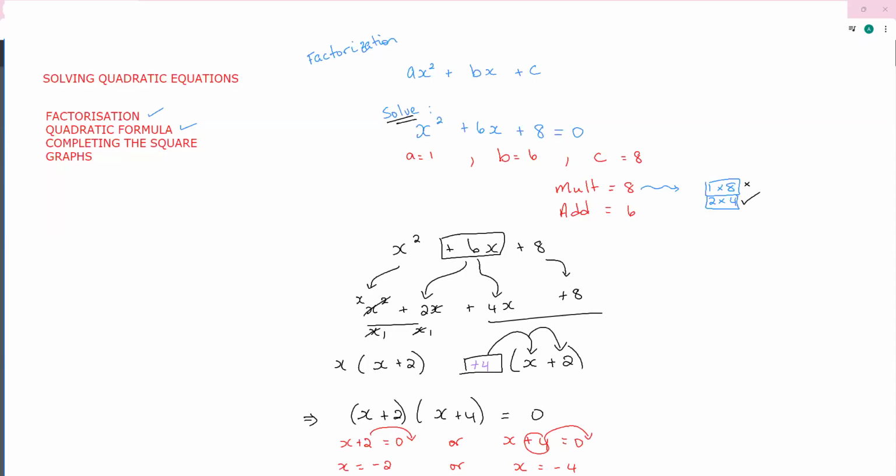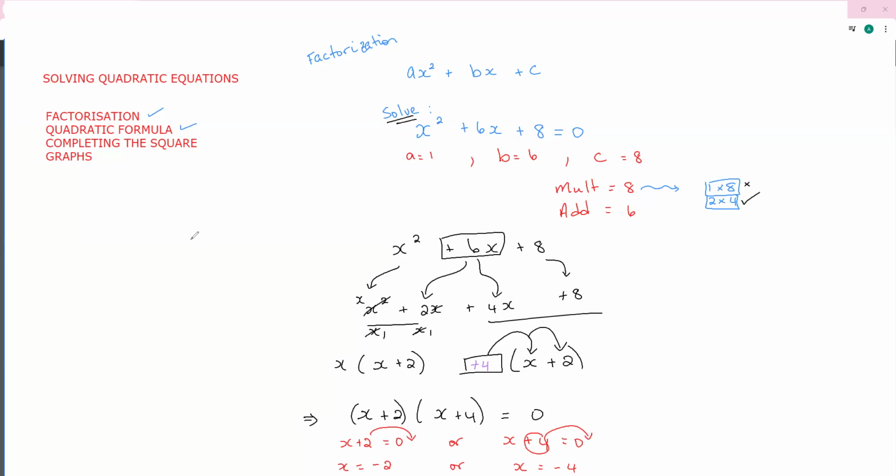Right? So our solutions here would be x is minus 2 or x is minus 4. So if they ask you to factorize and then solve, this is how you'll solve the quadratic.